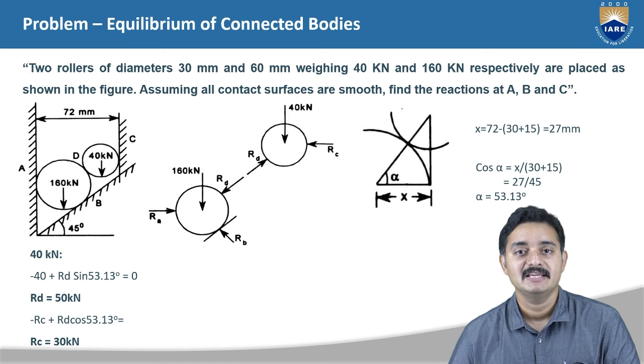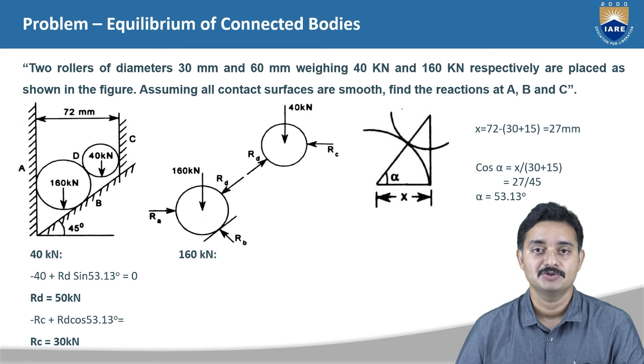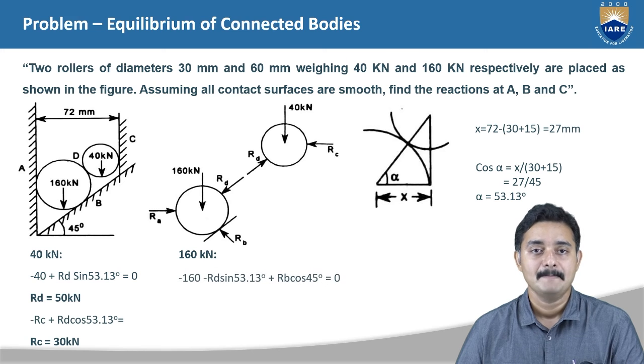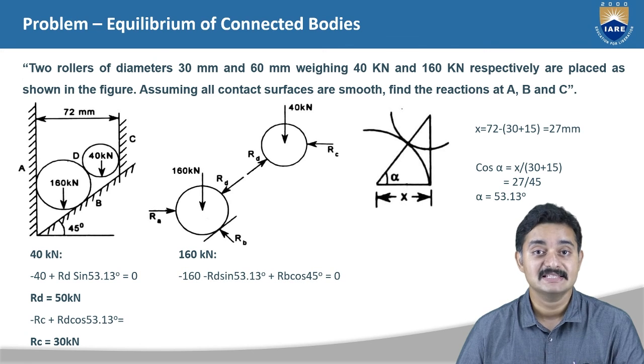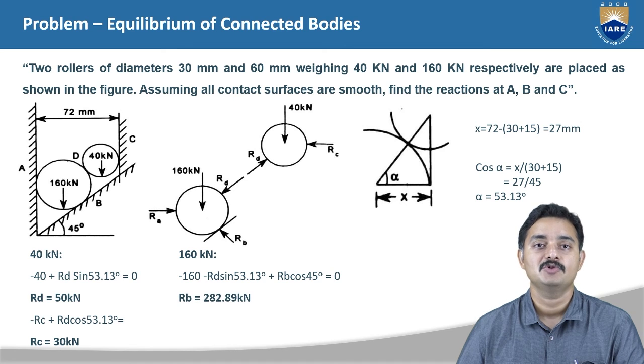Now, let us apply equilibrium conditions to the 160 kilonewton roller. Applying sigma Fy is equal to 0 implies minus 160, as the force is acting downwards, minus RD sin 53.13 degrees, as the vertical component is acting downwards, plus RB cos 45 degrees is equal to 0. Solving this, we get RB is equal to 282.89 kilonewton.